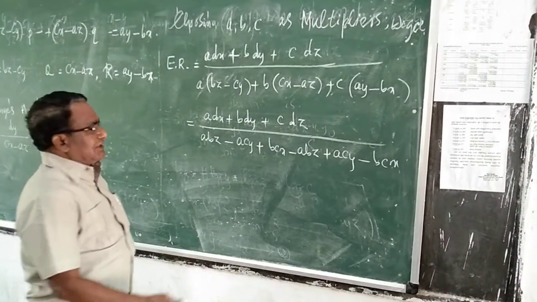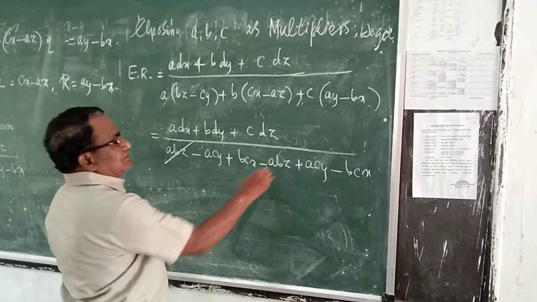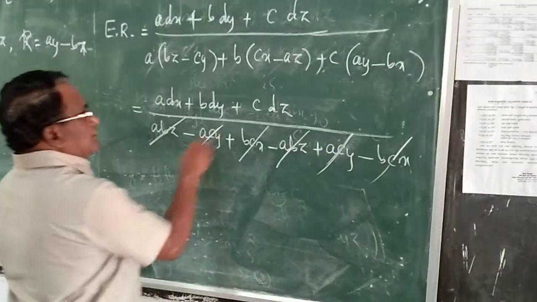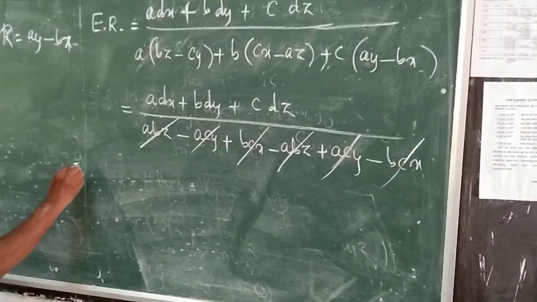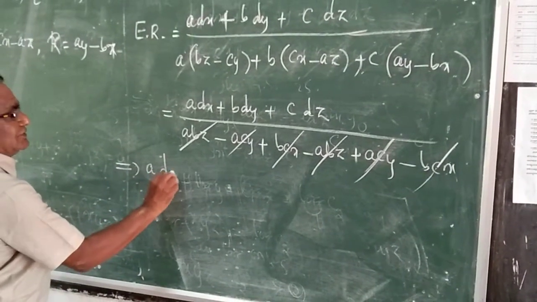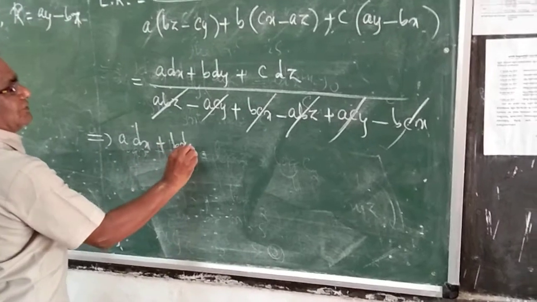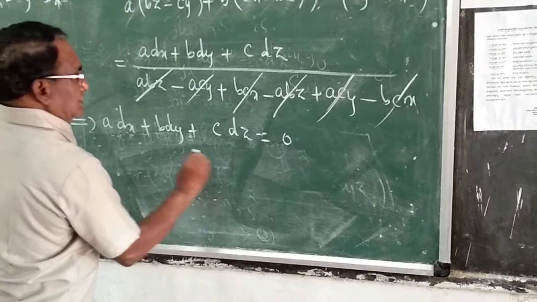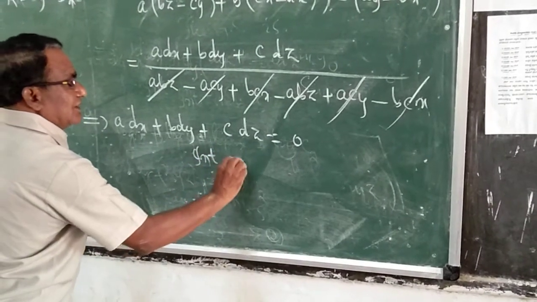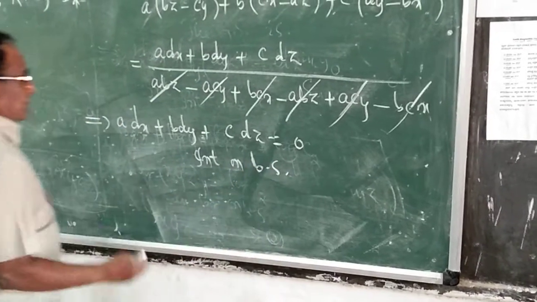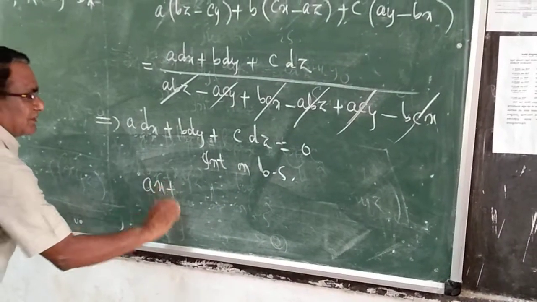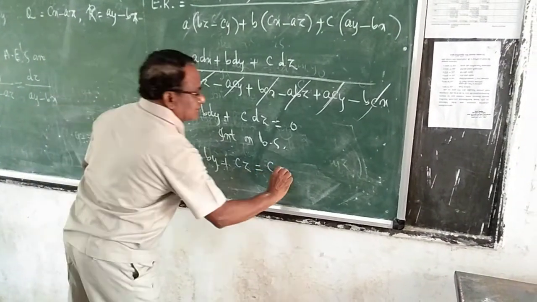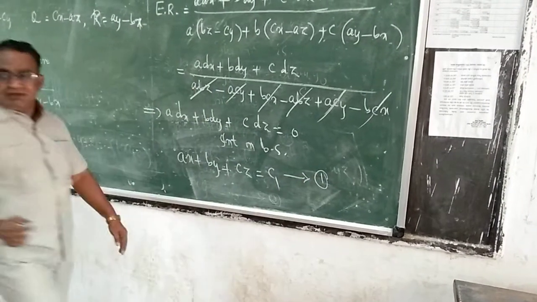And you can observe here plus abz minus abz, plus bcx minus bcx, plus acy minus acy gets cancelled. This implies that a into dx plus b into dy plus c into dz is equal to 0. Yes, integrating this on both sides, what we get here? ax plus by plus cz is equal to c1. Call this as equation number 1.